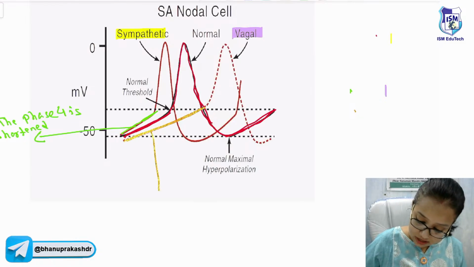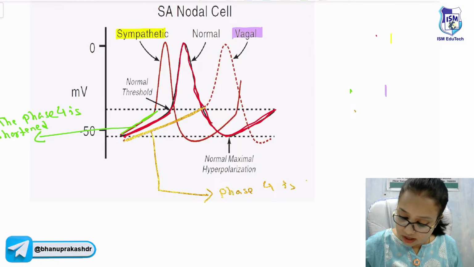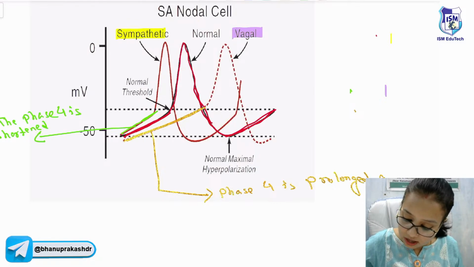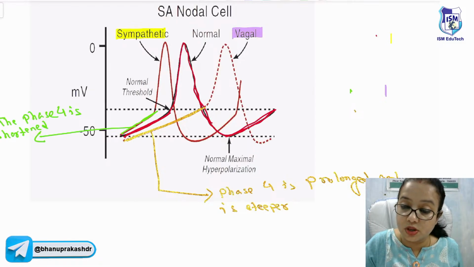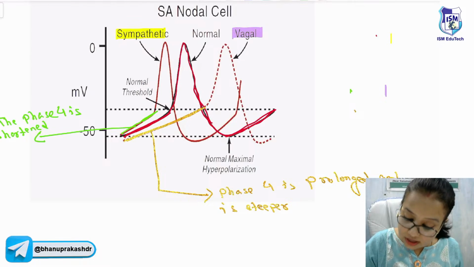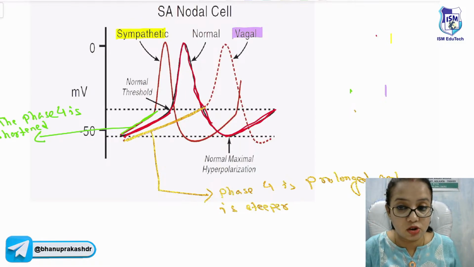So here under the influence of the parasympathetic nerve, the phase 4 is prolonged and is steeper, as a result of which there are more gaps between the two heartbeats, causing reduction in the heart rate.